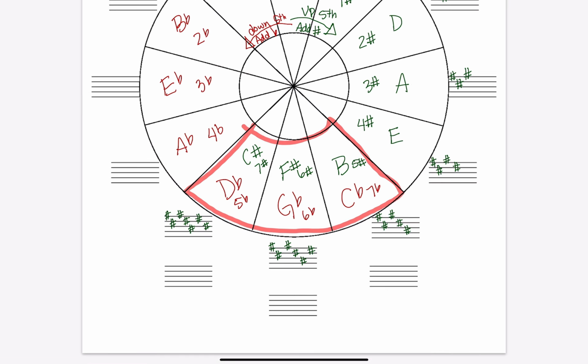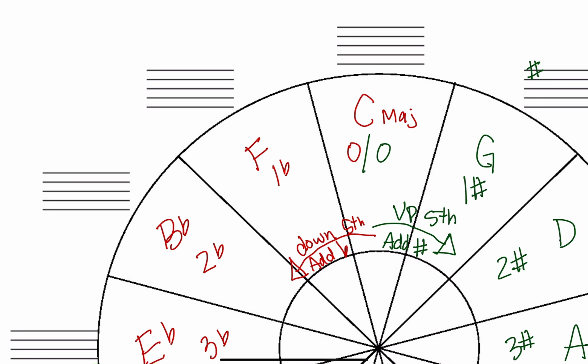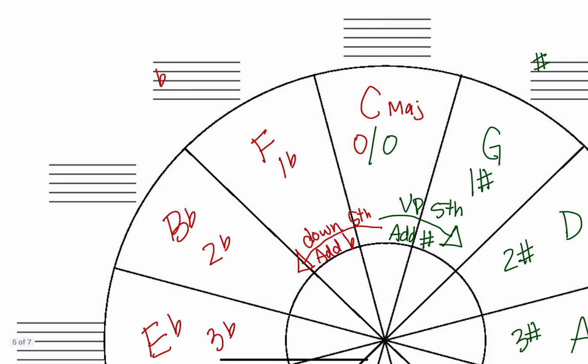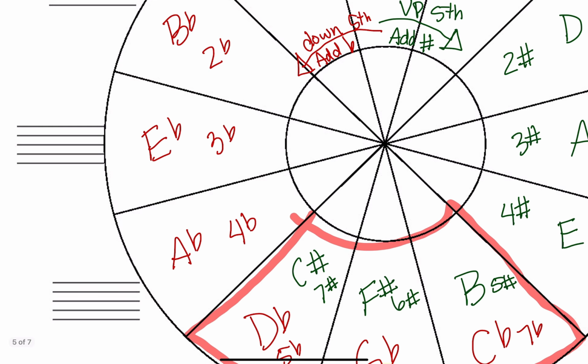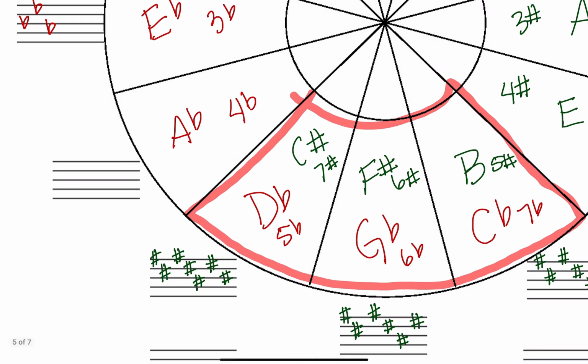We're going to do the same thing now going around the flat side. C has nothing. F has 1 flat, and it's going to be big. B flat has 2 flats. Big elephants. E flat has 3 flats. Big elephants and. A flat has 4 flats. Big elephants and donkeys.